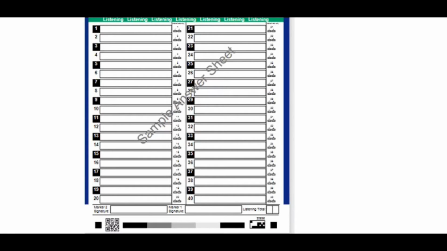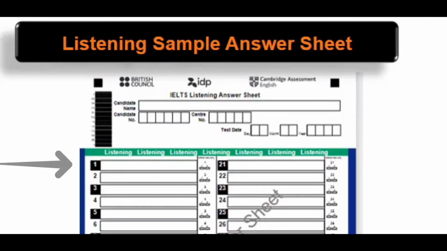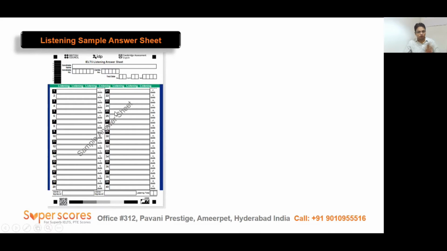That is where you have to write the answers. For example, if question number 1's answer is A or B or C, you write it here. This is considered the actual answer. If you write only on the question paper, there is no use. If there are any errors in this, you will lose marks. So this is how the answer sheet looks.